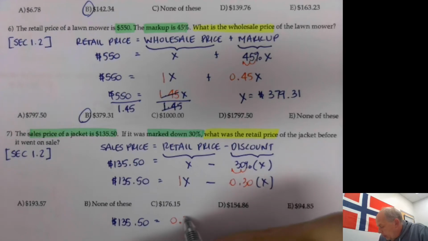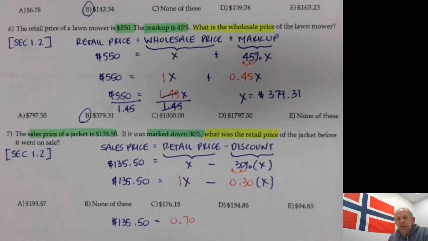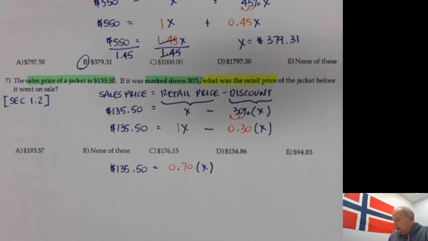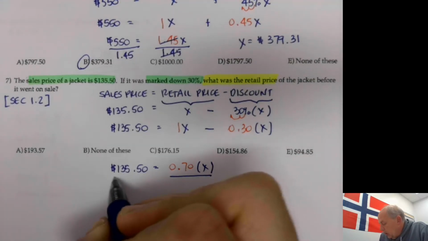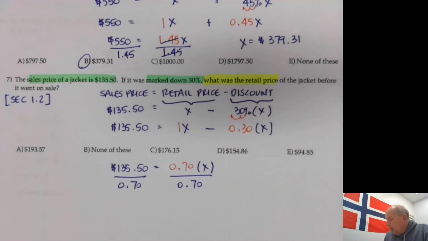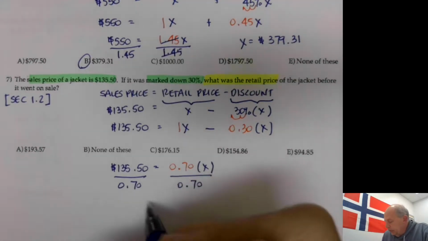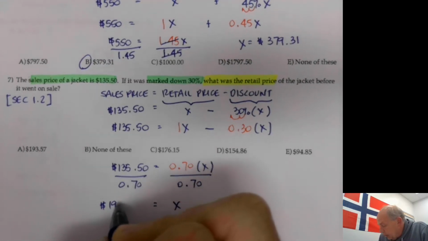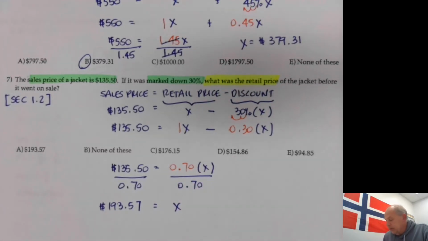For a dollar, minus 30 cents is 70 cents. 0.7 times X, a like term. Finish this off. I divide both sides through by 0.70. So my X value here is 193.57.